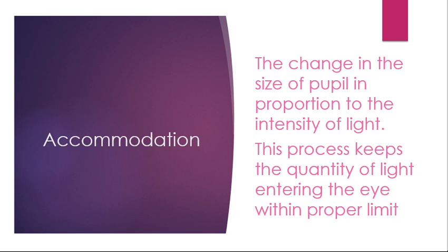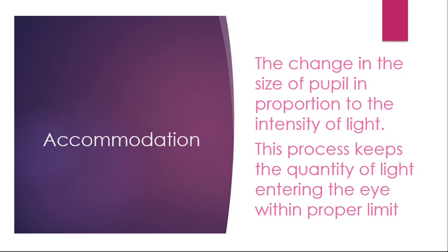The dilation of the pupil in darkness and the constriction of the pupil in the light are due to accommodation. When there is intense light, the eye constricts so that extensive light does not enter the eye and damage it. And when there is darkness, the pupils dilate. This is also known as accommodation.